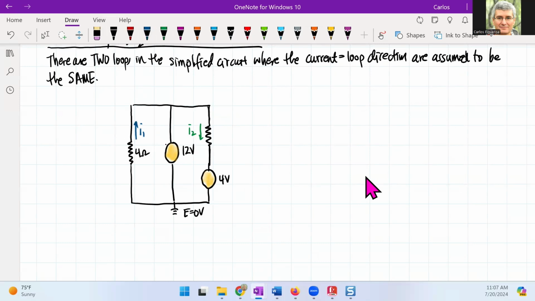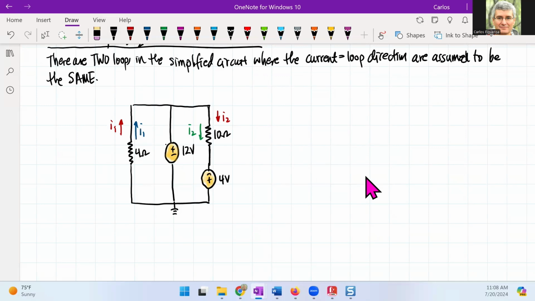What you're seeing is that I'm labeling the currents exactly the way we saw them in the problem, and the reason why is because I picked these currents in that same direction. Note that right here, this is a 10 ohm.